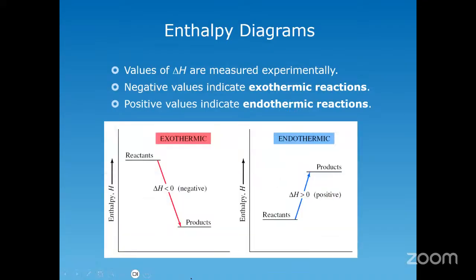So in the case of an exothermic reaction, what you'll find is that as you go from the reactants to the products, there's a decrease in enthalpy, right? And therefore the enthalpy of the products will be less than the enthalpy of the reactants.